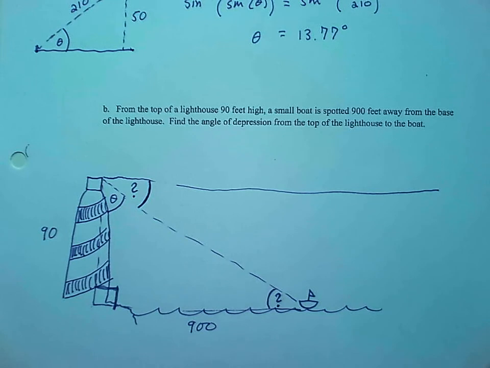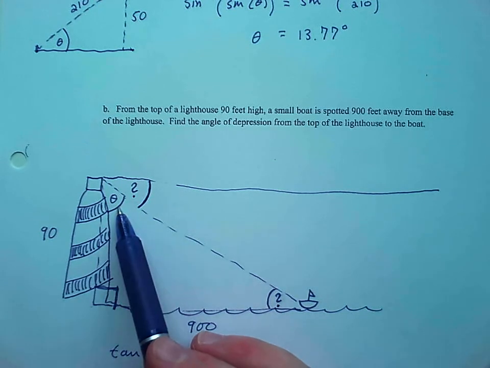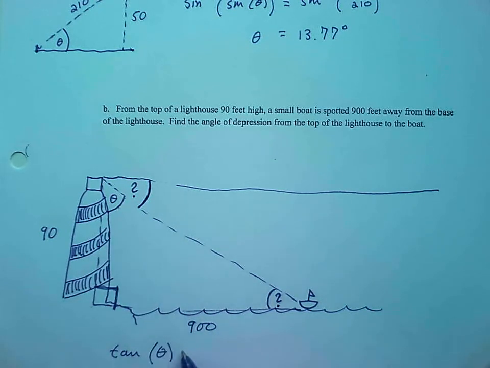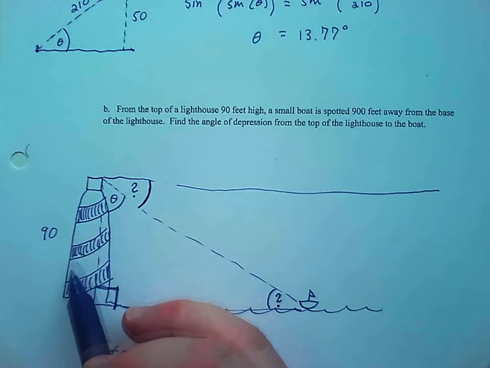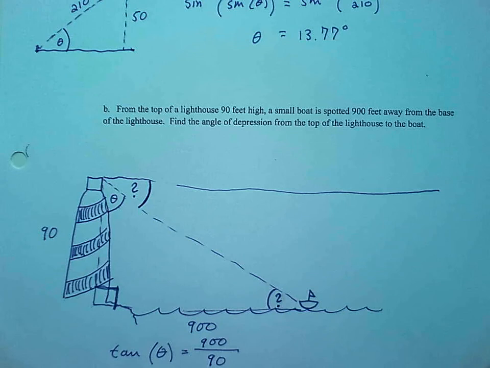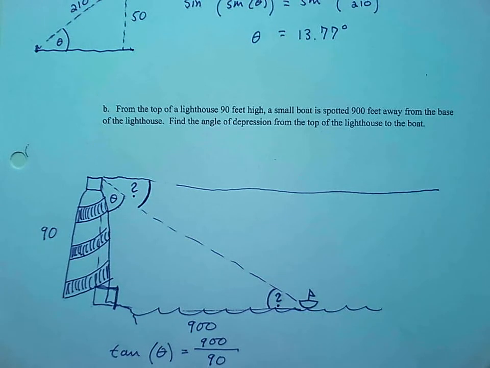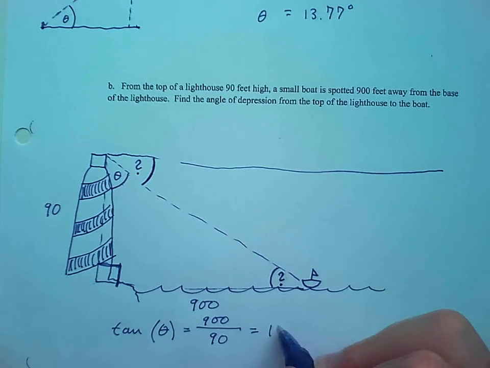So one of the things that we can do is say that the tangent of theta is equal to the opposite of theta, which is 900, over adjacent, which is equal to 90.